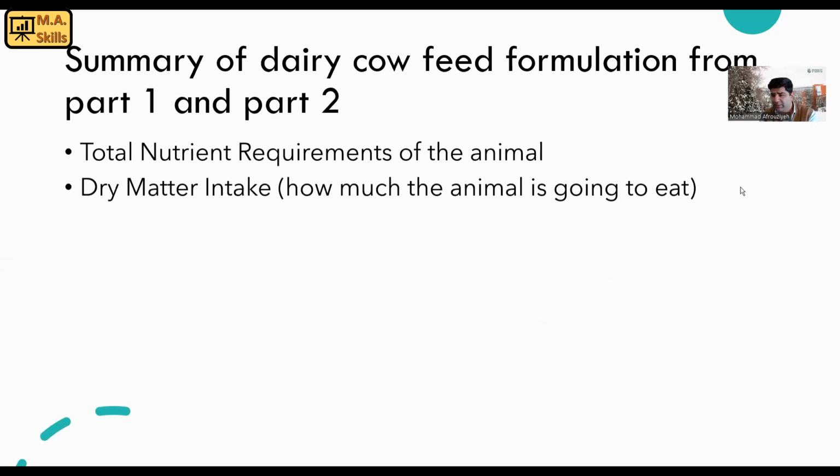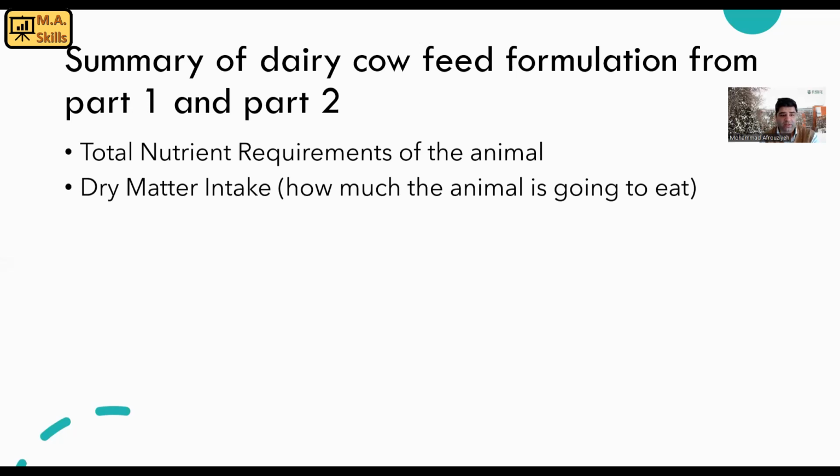So from episode 1 and episode 2, we learned how to calculate total nutrient requirements of the animal based on the maintenance requirement, milk production, and body weight changes. And also we learned how to calculate dry matter intake, or in plain language, how much the animal is going to eat.